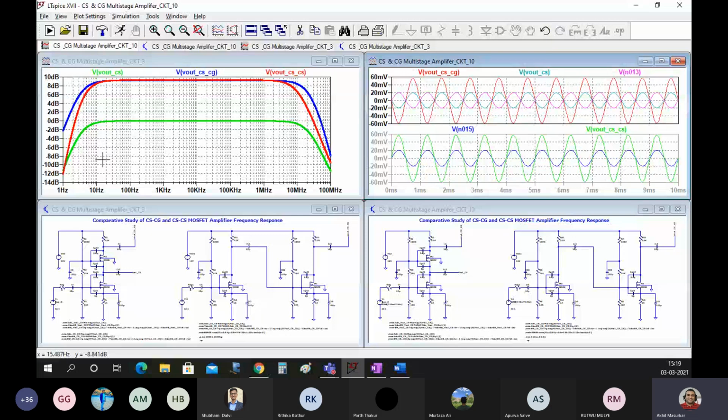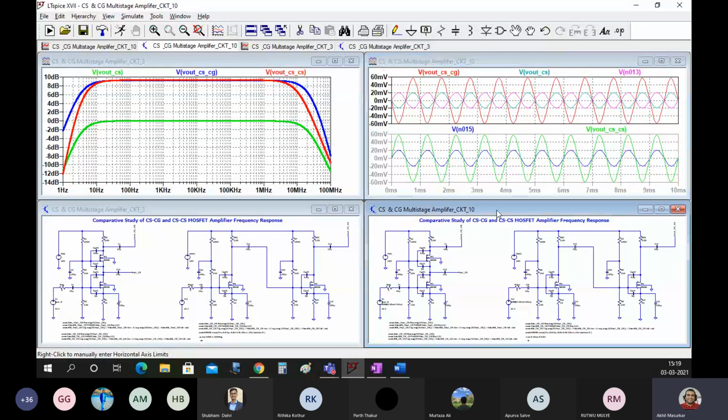So I want you to show me these outputs, and if possible in this same plot you can have the input impedance and output impedance. Now that doesn't matter, so that is fine. So just show me this.